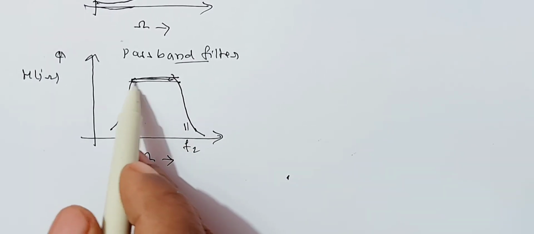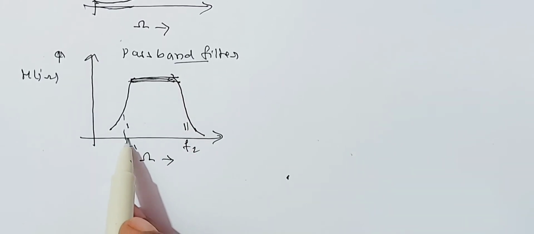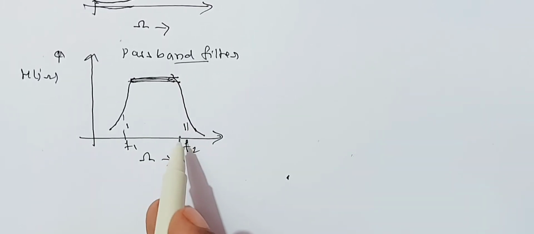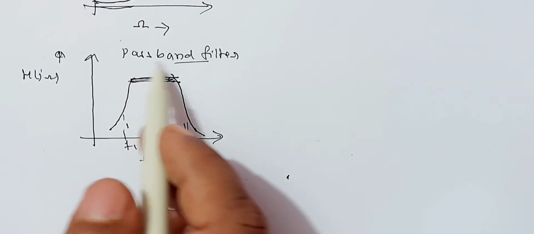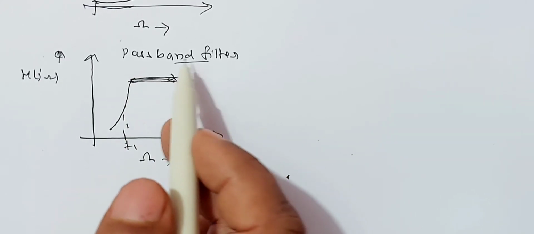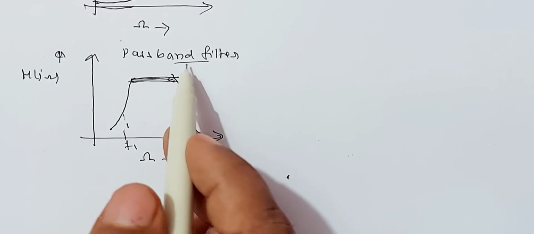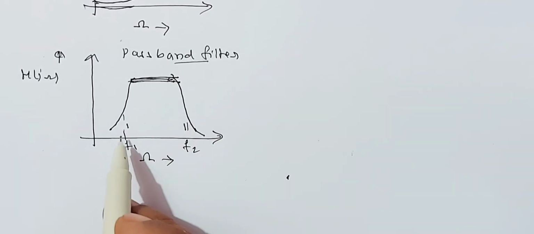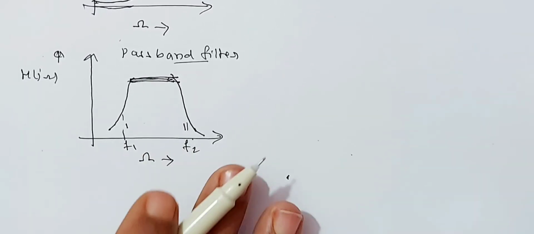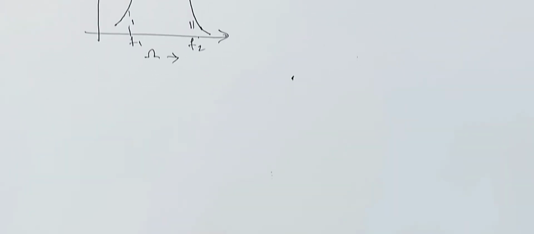That is, you get a pass band for a range of frequency f1 to f2. This is called pass band frequency. Therefore, output voltage is allowed only for a band of frequency. What is the band of frequency? f2 minus f1 is the band of frequency. So this is pass band frequency.